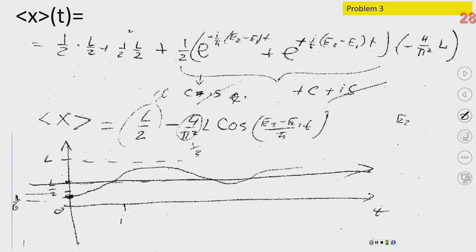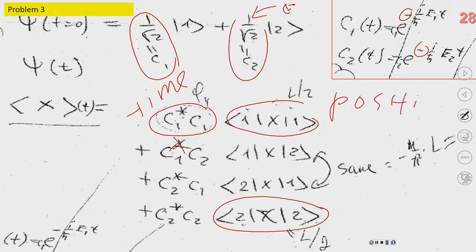So, the part for the product of C1 and C1 and C2 and C2 will be time independent, and these give 50% probability and 50% probability here, and the expectation value of position is the midpoint between the walls.